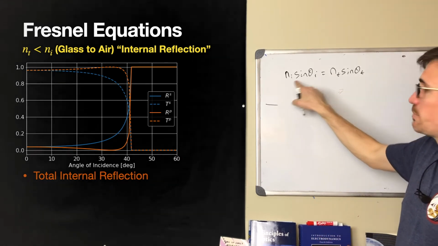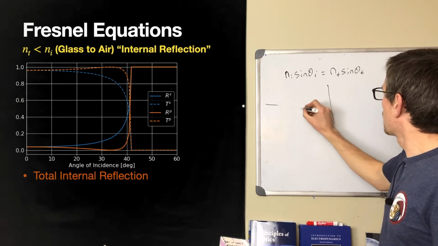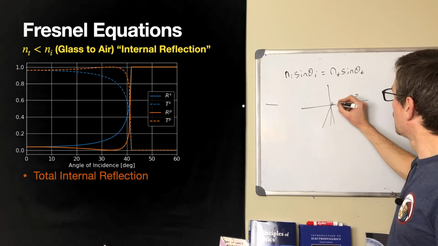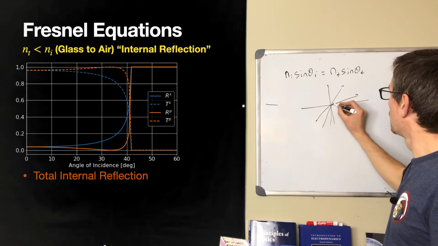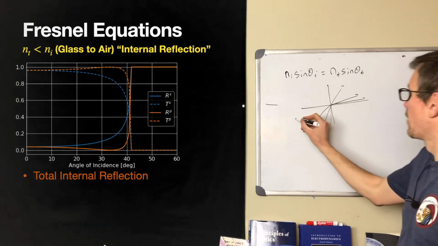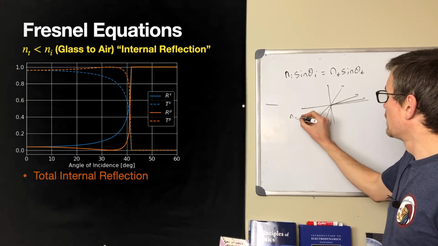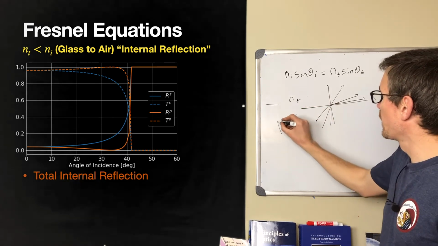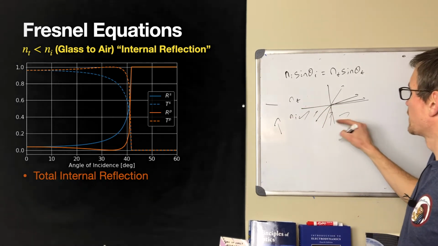But if this one is bigger than this one, we're going to get a picture that looks something like this. We're going to be bending further and further away from the angle of incidence. I'm shining out, this is say N incident and N transmitted here, so I'm going this way. I'm picturing this as like water or glass or something like that.